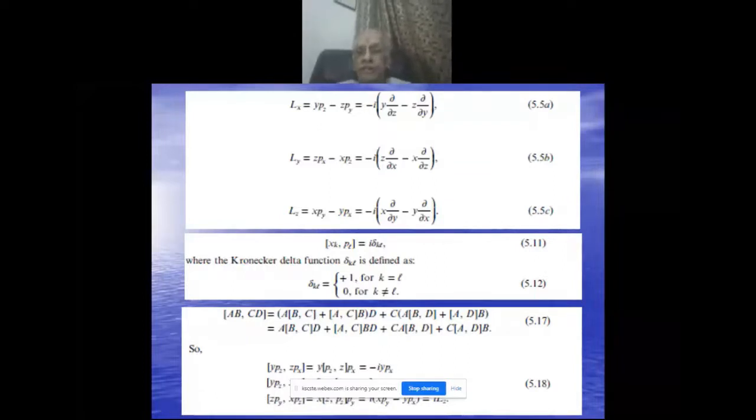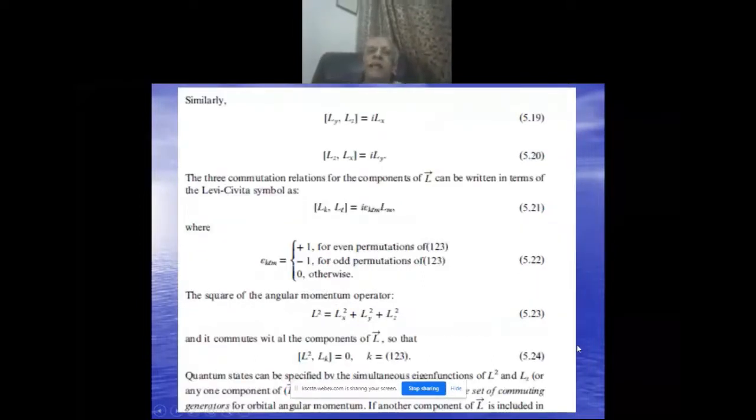So 5.17 tells you how to calculate such matrix elements and how to make use of the uncertainty principle, which is given as xk pl equal to i h-bar delta kl. And eventually what you will get is a commutation relation that Lx and Ly will give you i h-bar Lz. Ly and Lz will give you Lx. Lz and Lx commutation will give you Ly.